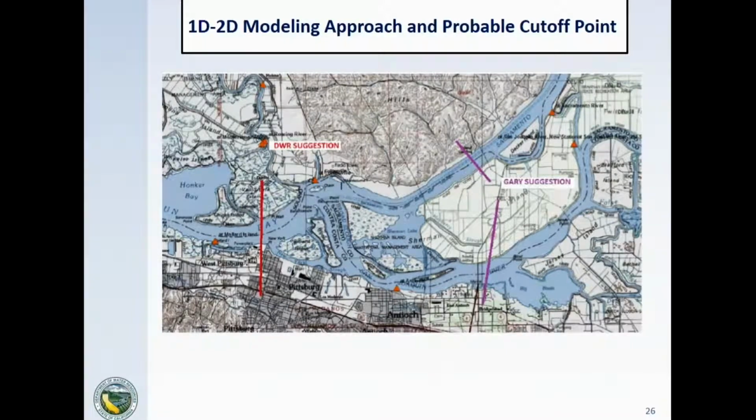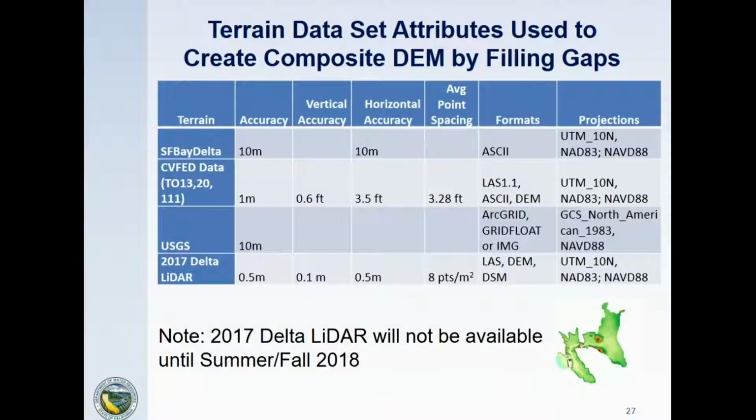What that means is we're going to have a 1D on the east side and a 2D on the west side. To fill the gaps on the west side, on the Suisun Marsh and Bay Delta, number one would be the San Francisco Bay Delta DEM, backed up by USGS 10 meter from the source.